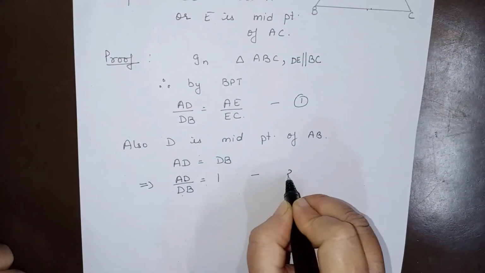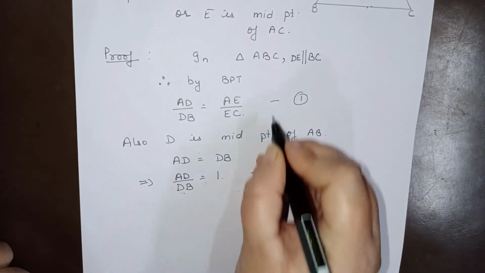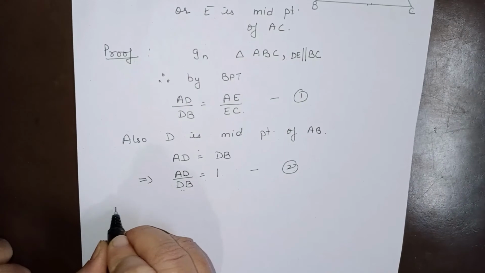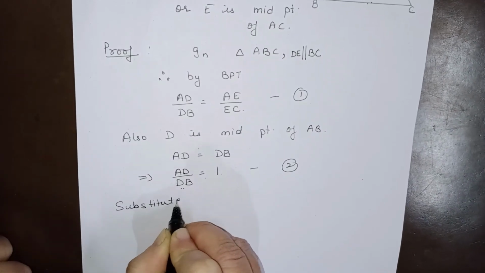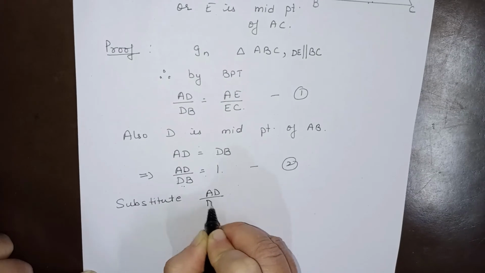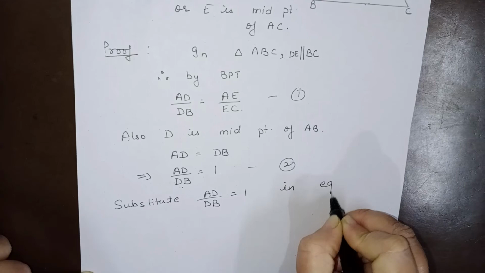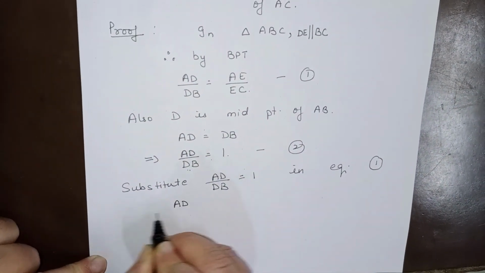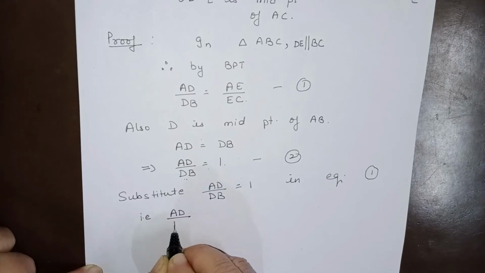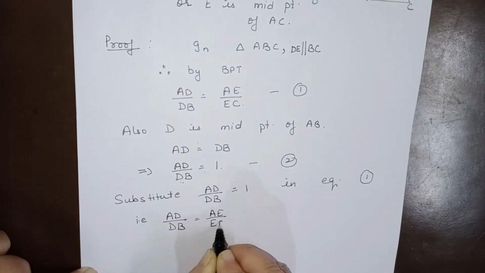Now let us substitute the value of AD over DB, which is equal to 1, in the first equation. Now what is the first equation? That is AD over DB equals AE over EC. This is the first equation.